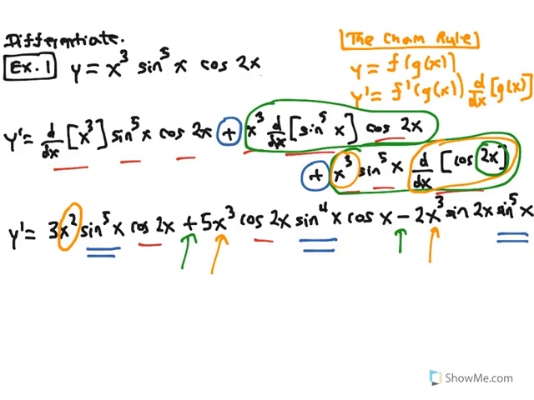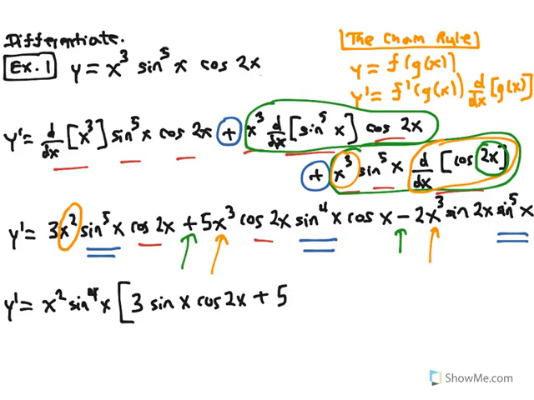So what I can do if I want to simplify is to factor out x squared and sine to the fourth x from each term. So from the first term, I'd be left with 3 times 1 factor of sine times cosine of 2x. From the second term, I'd be left with 5 times 1 factor of x times cosine of 2x times cosine of x.